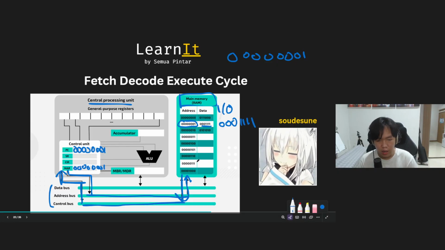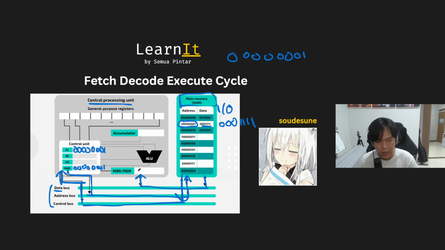And you have to consider that the address bus is unidirectional, so it cannot go back to the CU using the address bus. It needs to go through the data bus. That's why it's called data. So it goes back, and then it goes to the MDR right here. So it stores that data. So it's like, okay, here's the data 0001111, as so.